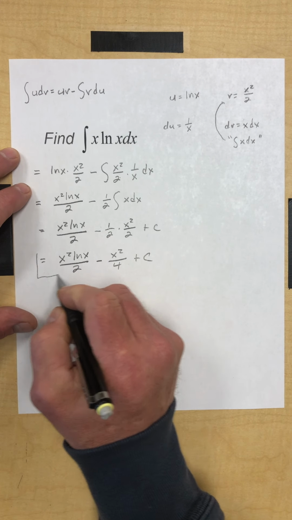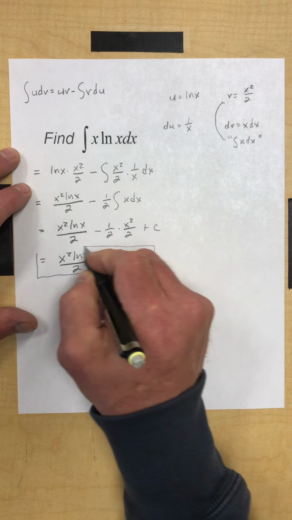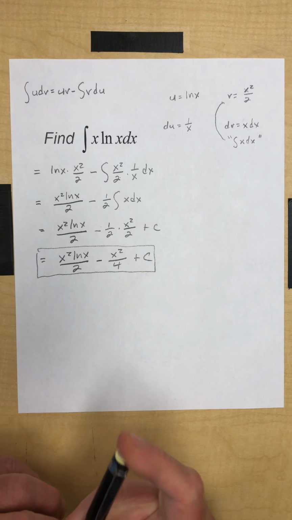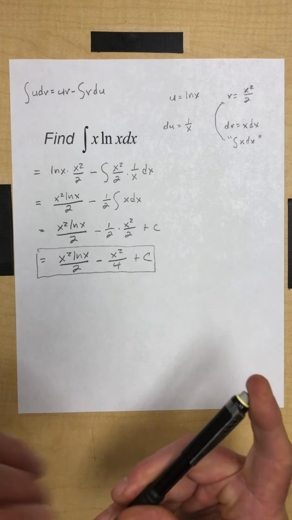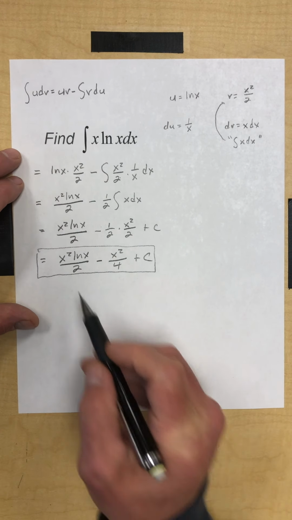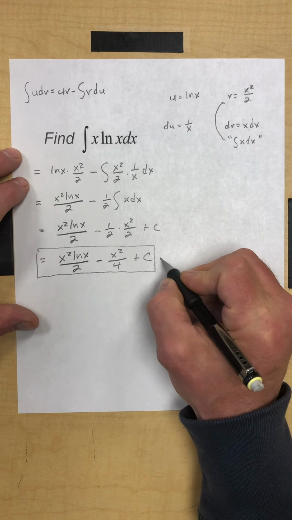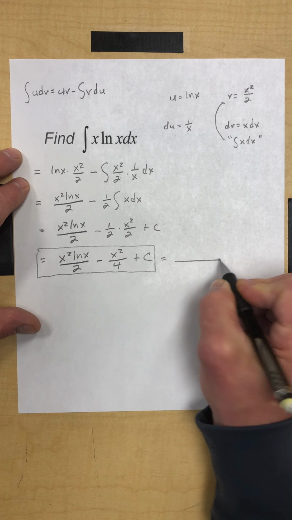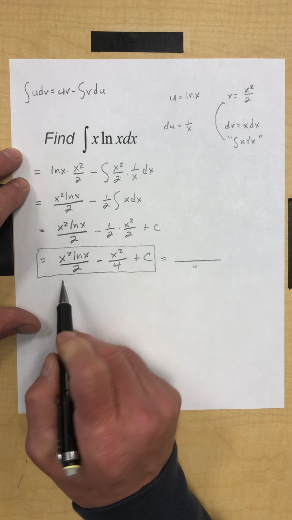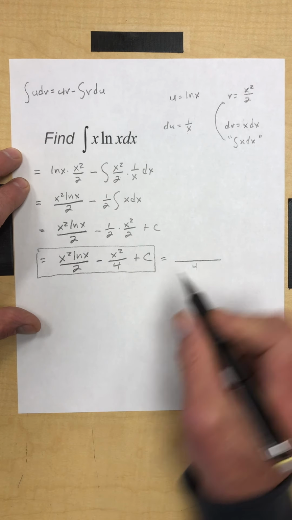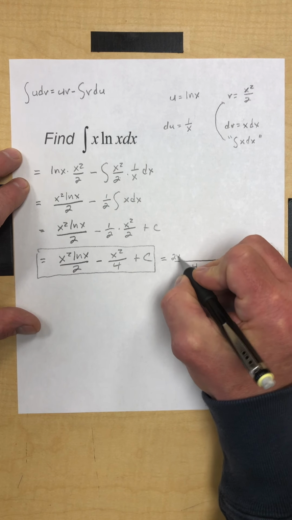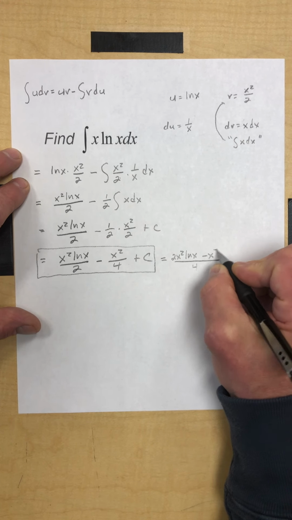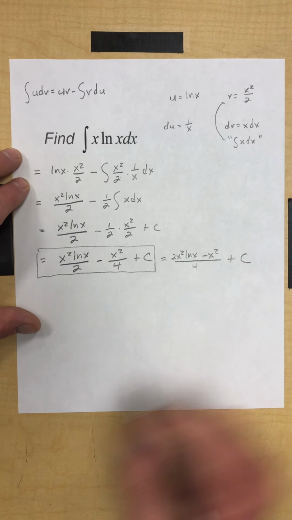And that would be one acceptable form of the answer. About the only other thing I see that I might take a look at is finding a common denominator and combining these two guys. If we put it all over 4, that just means I have to multiply above and below here by 2. So we'd get 2x squared natural log of x minus x squared, and then plus that c.